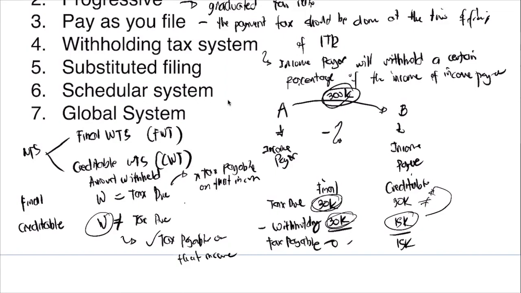Since the amount of withholding is not equal to the amount of tax due, what happens here, guys, is that there is still a tax payable. And what is the amount of your tax payable? 15,000. So take note, in a final withholding tax, there is no tax payable on that income. But in a creditable withholding tax, there is still a tax payable on that income.